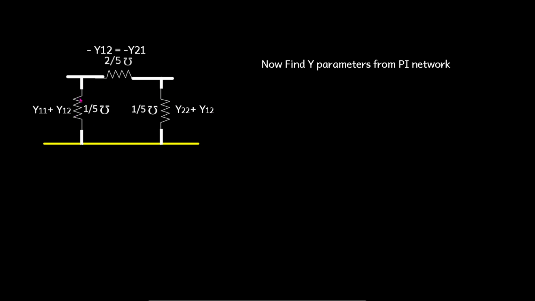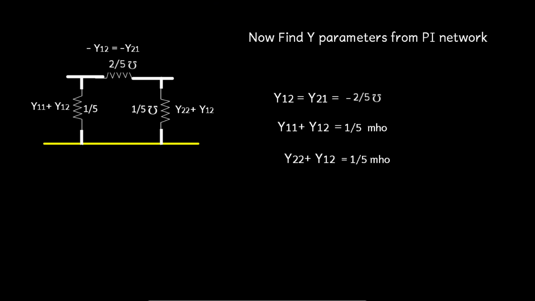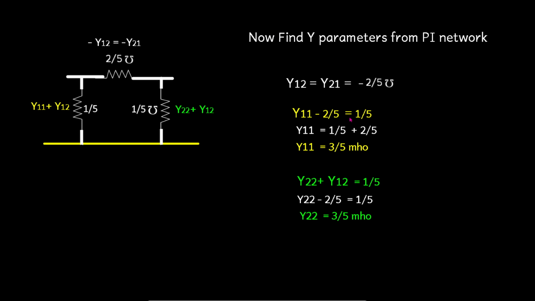At the input side, you have this 1 by 5 mho, that represents y11 plus y12. So you should know this. That's the concept for understanding. Okay. From that, we can actually find out the value of y11, y22, y12 values, like that. You can get the y parameter values.